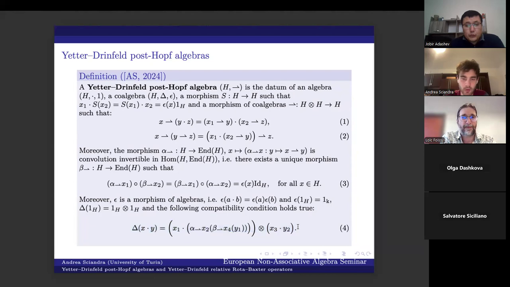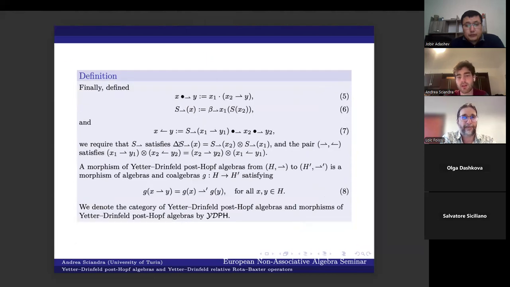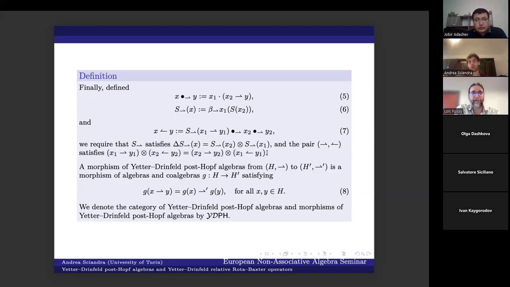And also this other condition here, that this S is anti-multiplicative, is automatically satisfied. In fact, it is also comultiplicative. And also this condition here is trivial, as you can see, if you change x1 with x2. And so cocommutative Drinfeld post-Hopf are cocommutative post-Hopf. So, yes, you can do the same stuff if you assume cocommutativity.